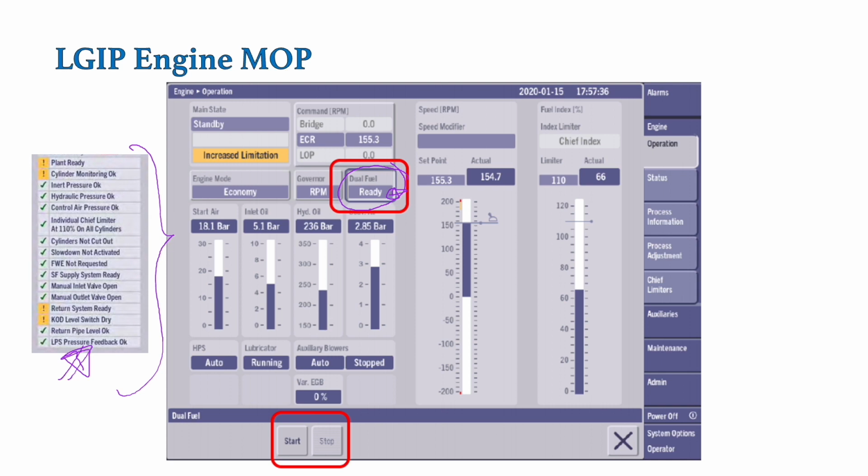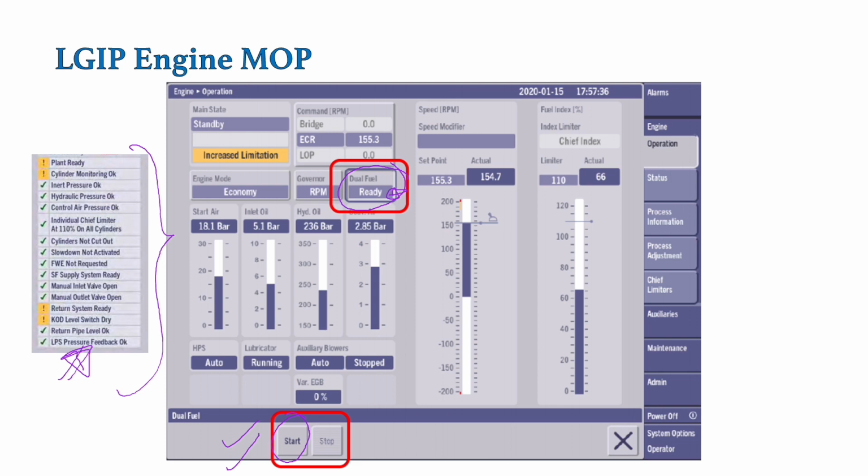Once the dual fuel system is ready, we can press this button, and after that we come down over here and press this start button for the changeover of the engine from primary fuel to secondary fuel. When we press this start button, the ready status will change over to starting.